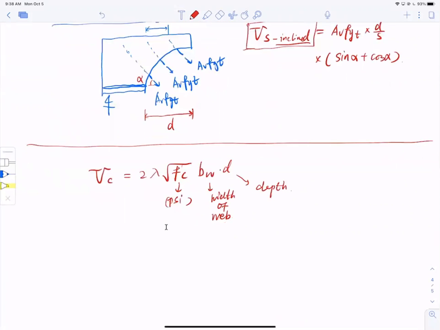And for steel, two possibilities. If it's vertical stirrups, you use Av fyt multiplied by d over s. So this is vertical stirrups.